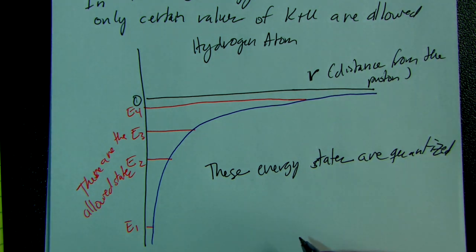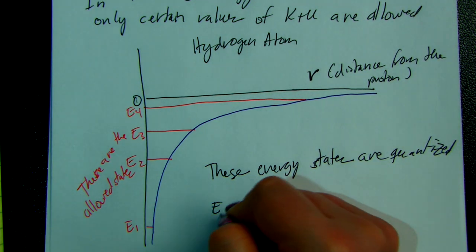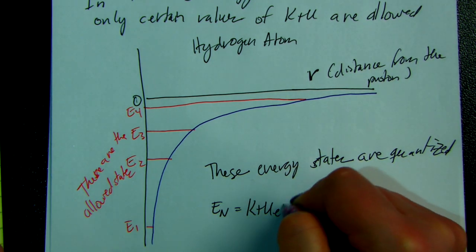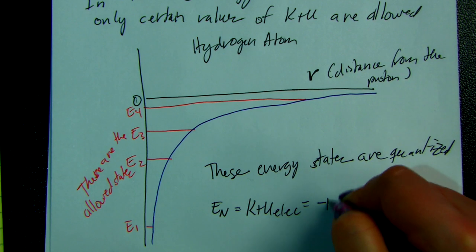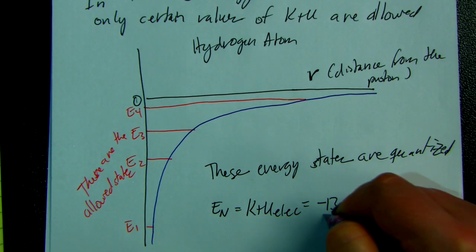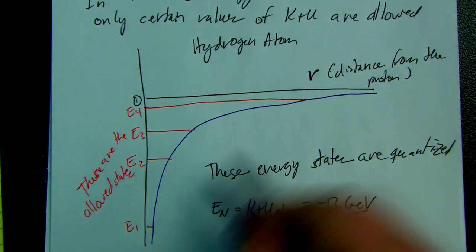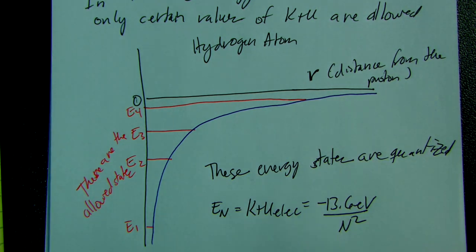So for the hydrogen atom, En, the energy level, is equal to K plus U electric, which is equal to minus 13.6 eV over N squared, where N is the corresponding energy level. So that means that for N equals 1, you would have minus 13.6 eV over 1 squared, which is equal to minus 13.6 eV.